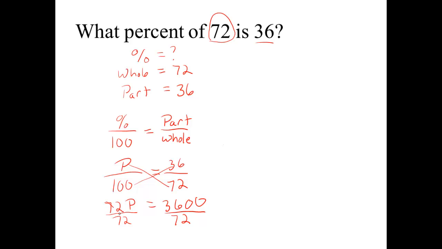The 72's will divide out, and we'll be left with p is equal to 3,600 over 72. Using a calculator we get 50%. So in this method we do not have to convert percents to decimals or decimals back to percents. That is one nice thing about using this method.